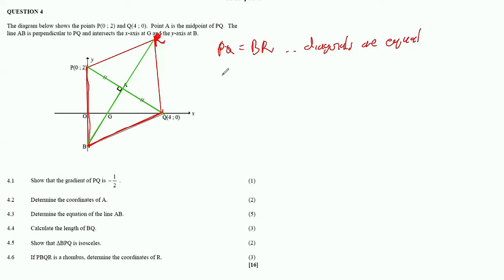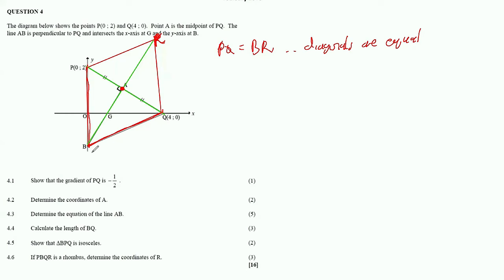One thing that we also have to note is that if we say the diagonals are equal, that means there is that point of intersection between these two diagonals. And that means A has to be the midpoint, as we are being told, the midpoint of PQ, but also it has to be the midpoint of BR.